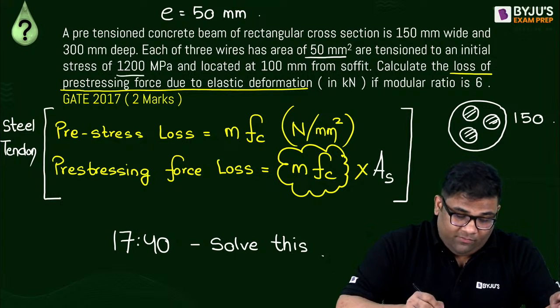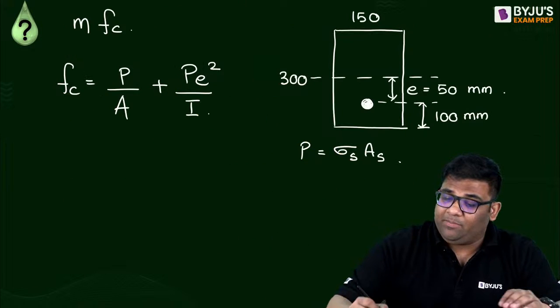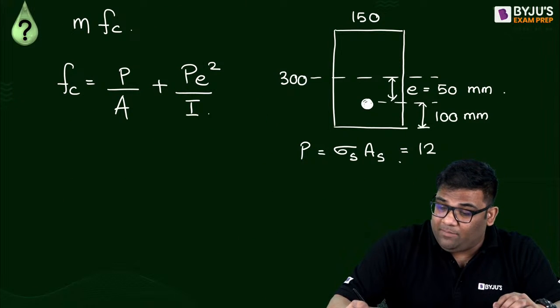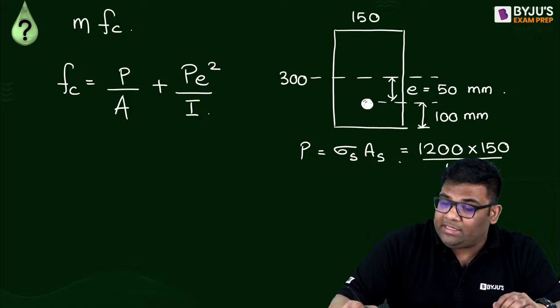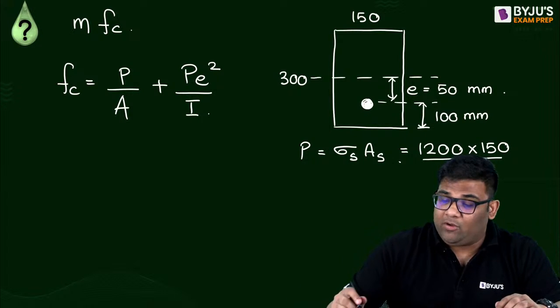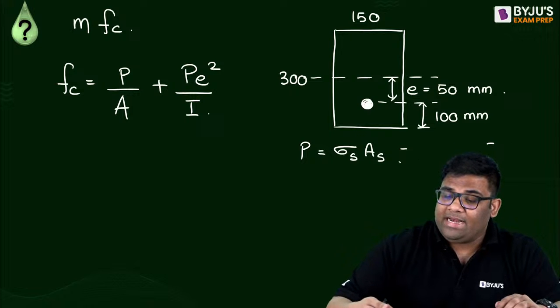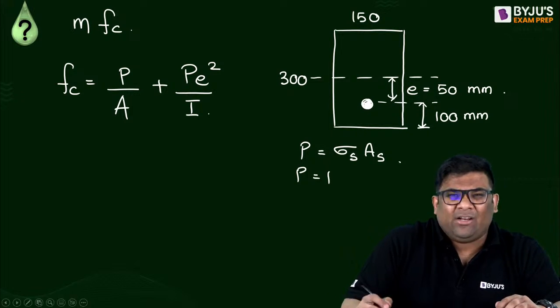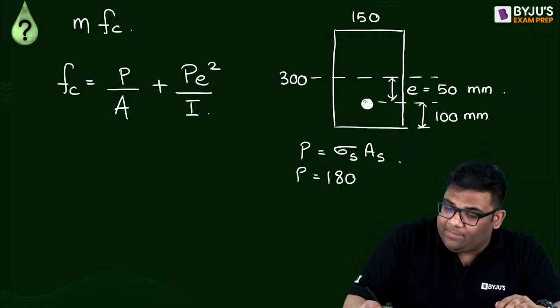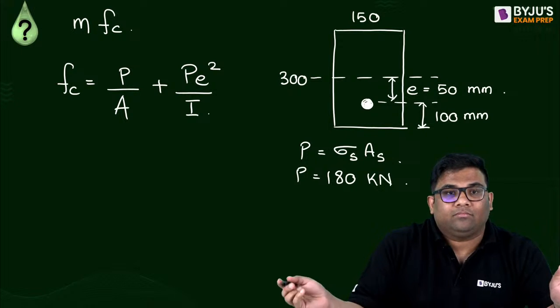The stress is 1200, so P will be 1200 into 150 divided by 10 to the power 3. I am getting a value of 180 kilonewton.